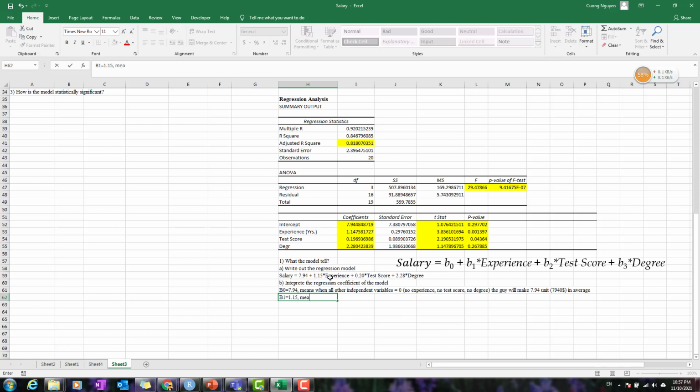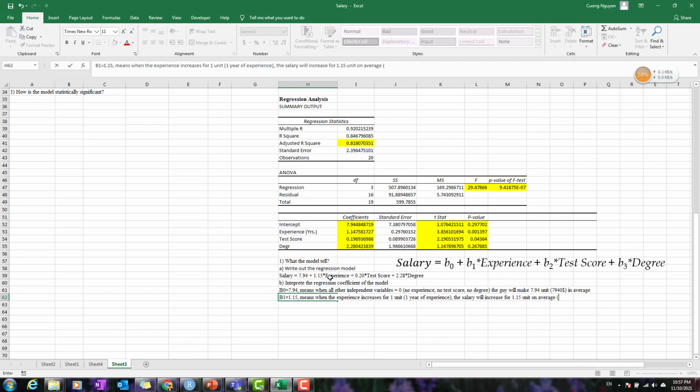Okay, beta 1 is equal to what here? 1.15. That means what? When the experience increases by 1 unit, that means 1 year of experience, does one have 1 more year of experience? Their salaries will increase by 1.15 units on average.